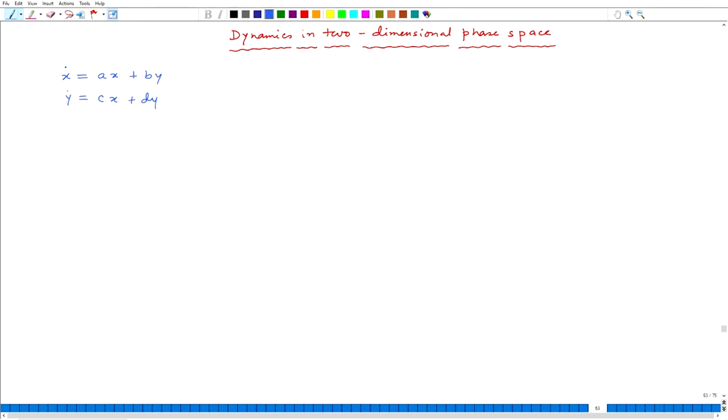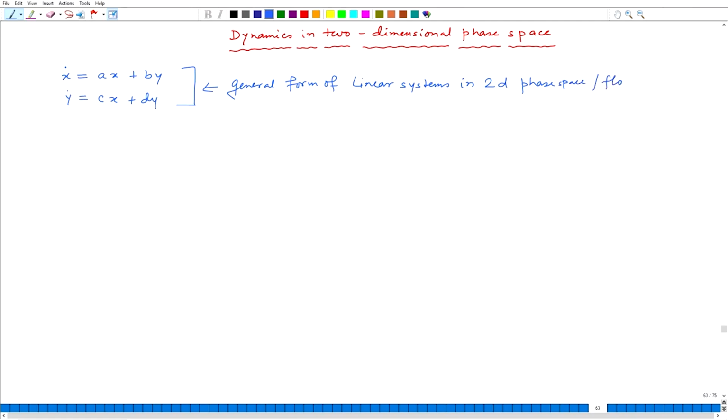These are the general form of linear systems in 2D phase space or flow.